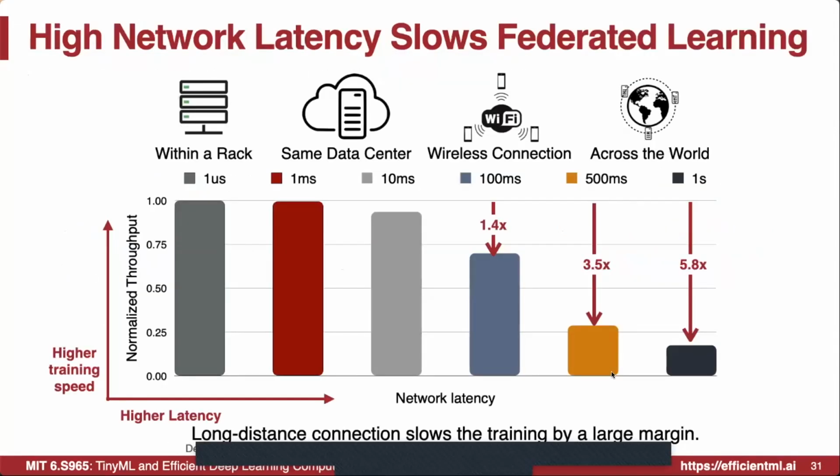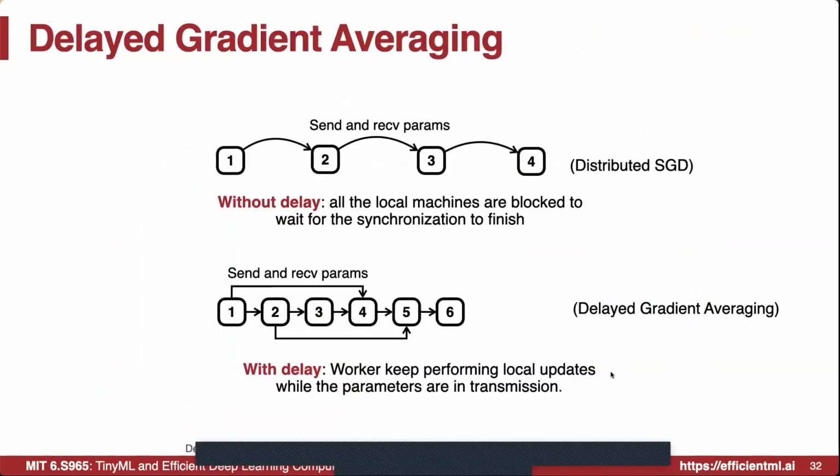Another big issue apart from bandwidth is the latency. As the latency increases from a few milliseconds to 1 second, the speed drastically decreases. So we learn about this delayed gradient averaging technique to tolerate the long latency. You don't have to wait until you receive the gradient, but you can directly move forward even before you receive the gradient and tolerate such stale gradient.